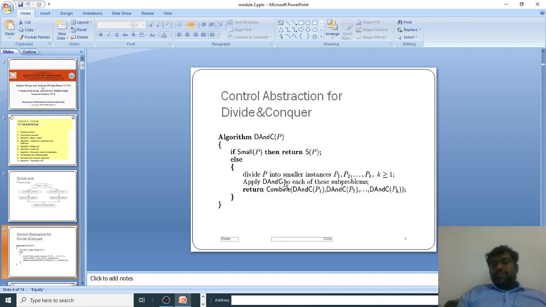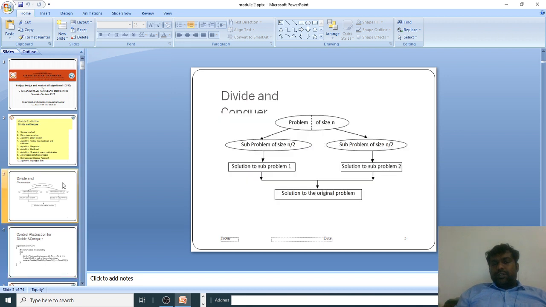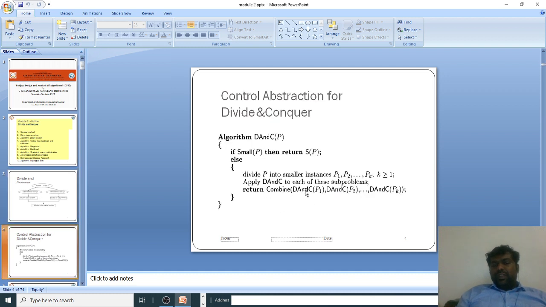Next you're going to apply divide and conquer recursively to the subproblems, and later, after finding out the solution, you're going to combine that to a solution. Okay, where DAC of problem 1, DAC of problem 2 till problem k, you're going to combine that to a particular solution, and you'll get a solution.